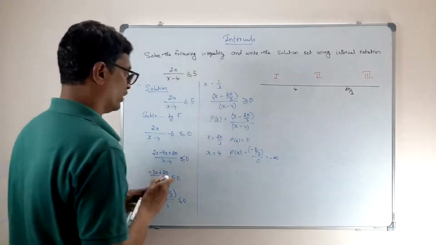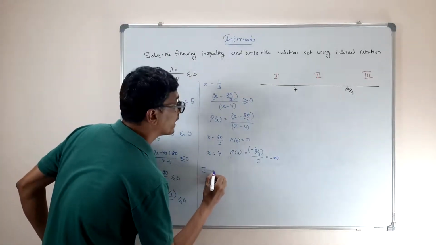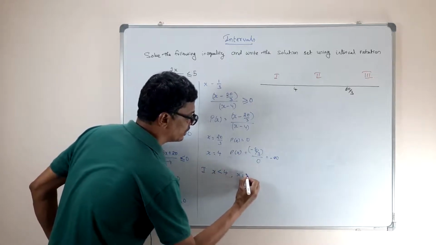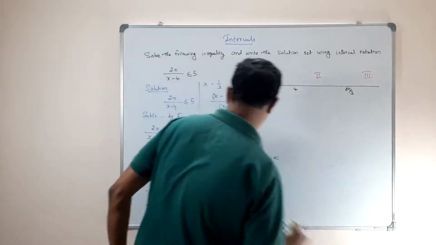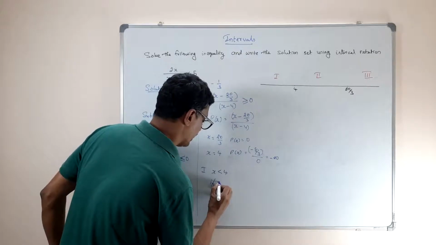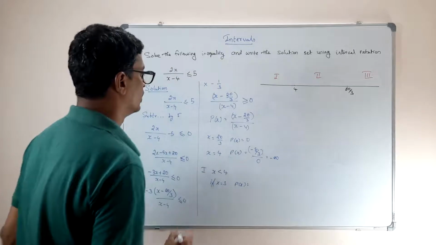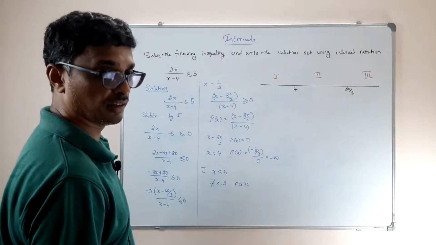So region 1, tell me. Region 1, x is less than 4. So let us take x is equal to 3. So if x is equal to 3, P of x will be equal to how much? First 3 minus 20 by 3, 9 minus 20, minus 11.